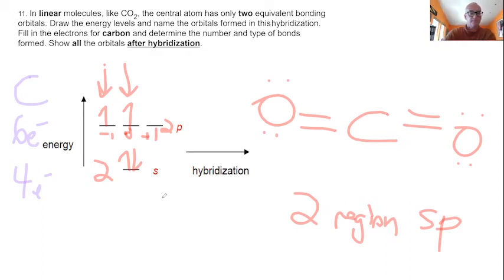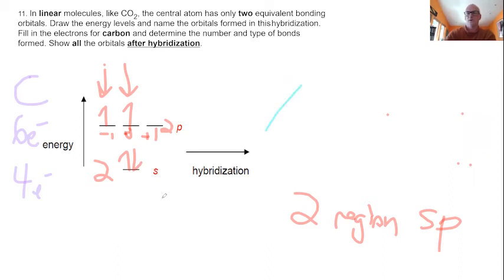So what does it look like after hybridization? I'll move this out of the way. So here's my molecule again. I want to use this to show you something else afterwards. So I'm going to have SP hybridization.